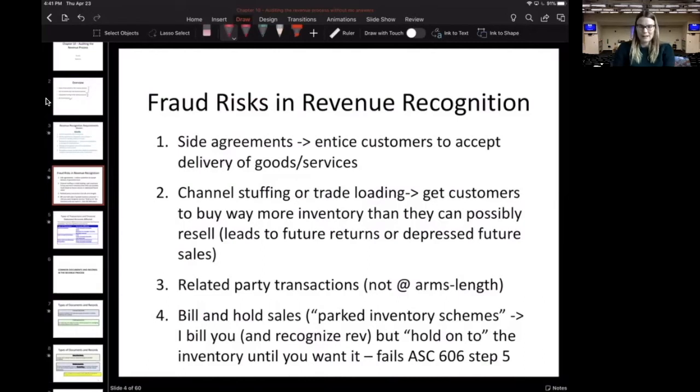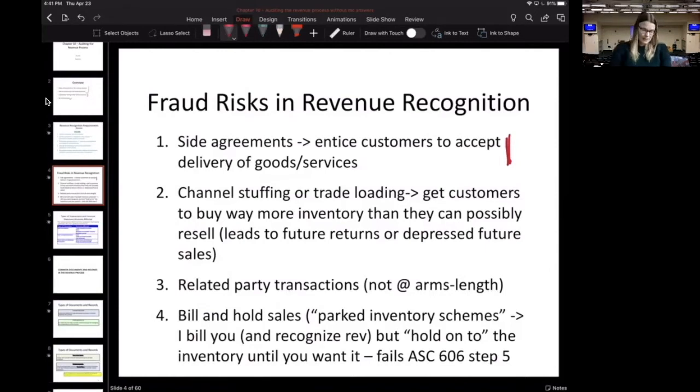Well, I can maybe set up some side agreements. That would be number one. So a side agreement could be me calling up a few of my best customers, and I start to give them some preferential terms or preferential treatment to get them to buy some extra supply this year, and then it'll be counted in this year's revenue.